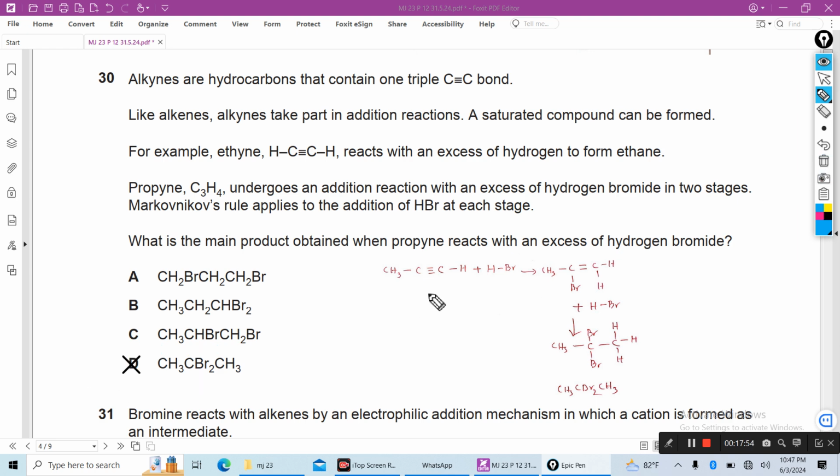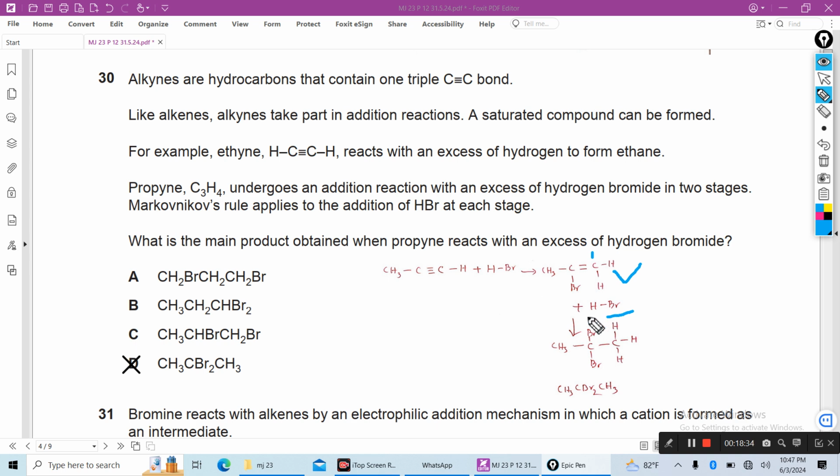How? You see, this is propyne, hydrogen bromide reacts. First this carbon contains 1 hydrogen, this carbon contains no hydrogen. According to Markovnikov's rule, hydrogen will be added to this carbon, bromine will go to the middle carbon. Then when this 2-bromopropene reacts with hydrogen bromide, the right carbon contains 2 hydrogen, the left carbon contains none.